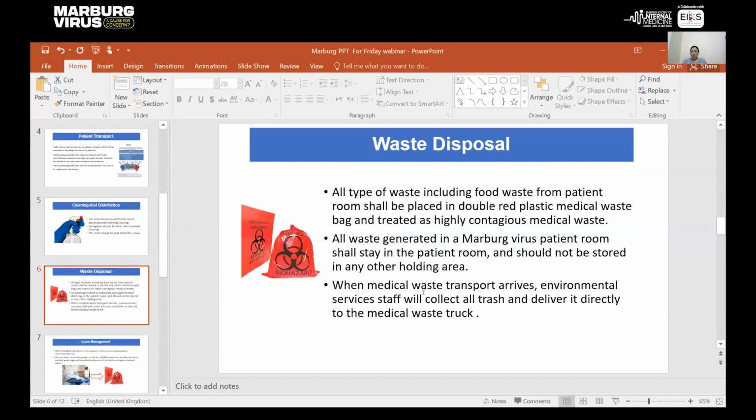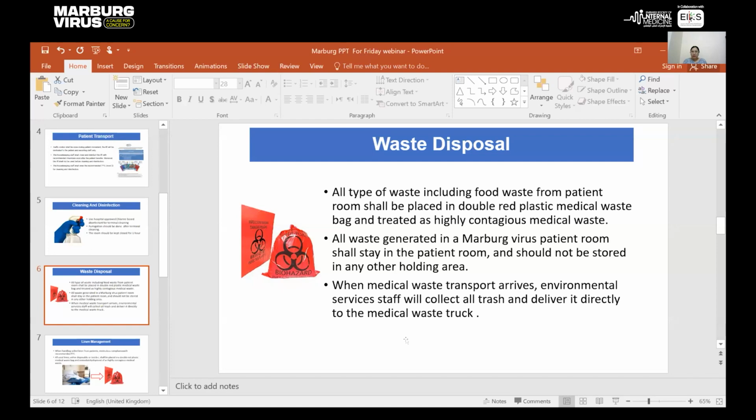So for the waste disposal, all type of waste, including food waste from the patient room, shall be placed in the double red plastic medical waste bag and treated as highly contagious medical waste. All waste generated in a Marburg virus patient room shall stay in the room and should not be stored in any other holding area.